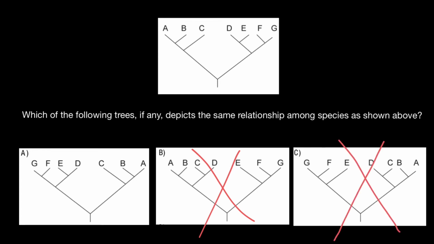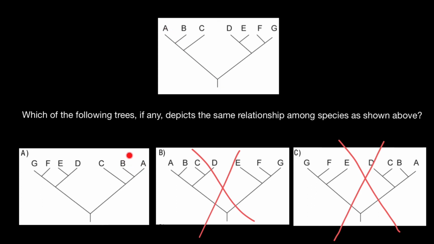Now, in order to save your time, you can choose this as the correct answer, but let's check if it is correct or not, because the question says "if any", so maybe this one is also not correct. Let's compare. On one branch we have species A, B and C. Here we also have A, B and C. They are all on the same branch.